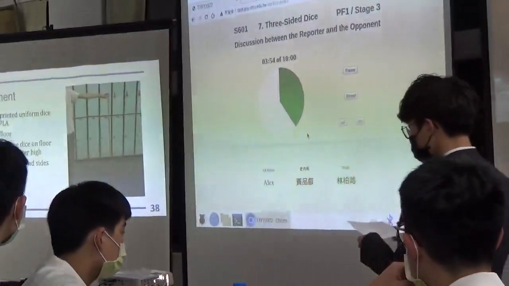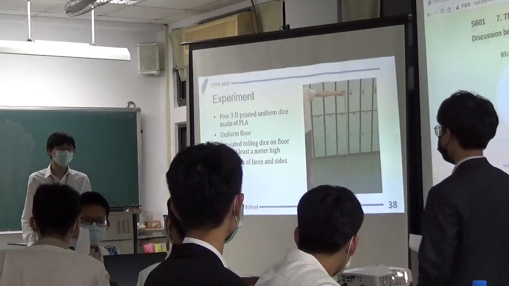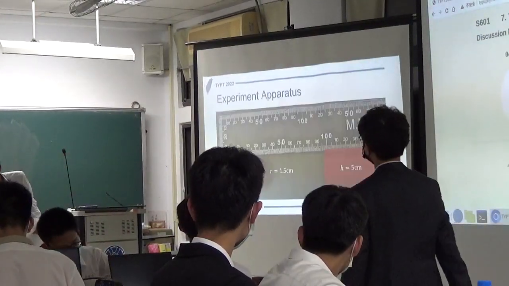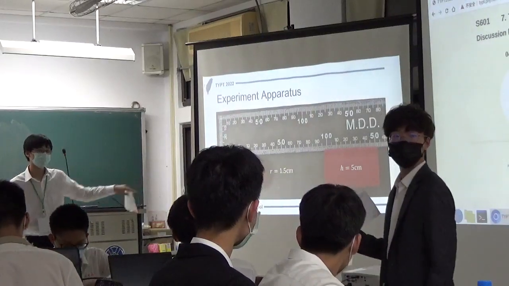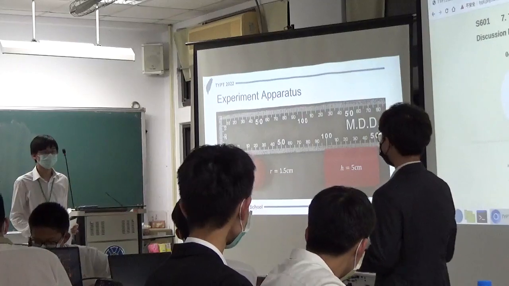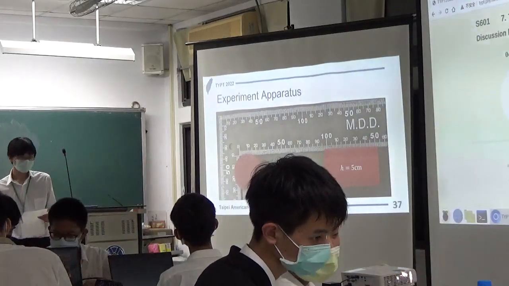So now, can you show us the structure that you printed? Oh, the structure that you printed, the dice. Structure, like we mean the dice themselves. These are the dice themselves. Hold on for a second, sorry.